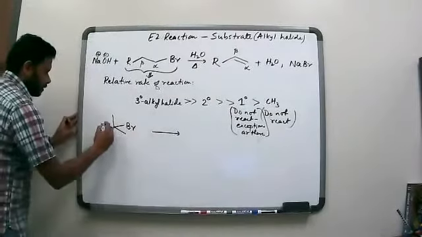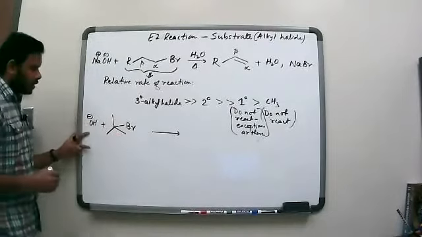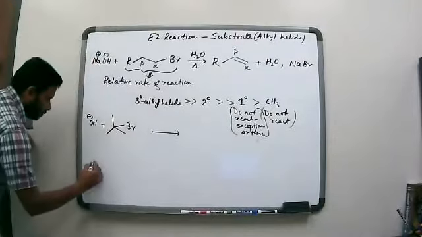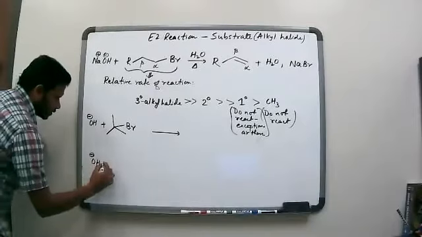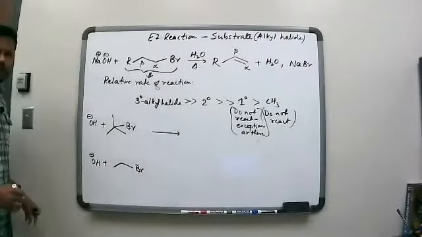This alkyl halide will react with hydroxide, which is our base. I'm leaving out the sodium part here. And let's say the hydroxide also reacts with a primary alkyl halide.